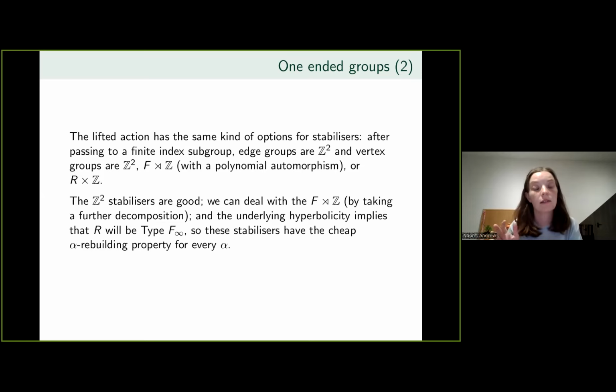So taking the Z as the normal subgroup with the cheap alpha rebuilding property, the quotient is R. This has the finiteness property that we need, and these have the cheap alpha rebuilding property. So by the theorems, so does G. Happy days, we win.